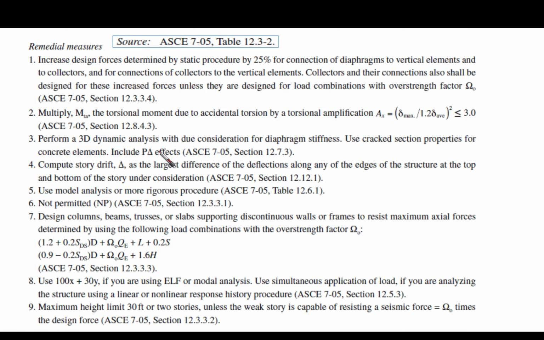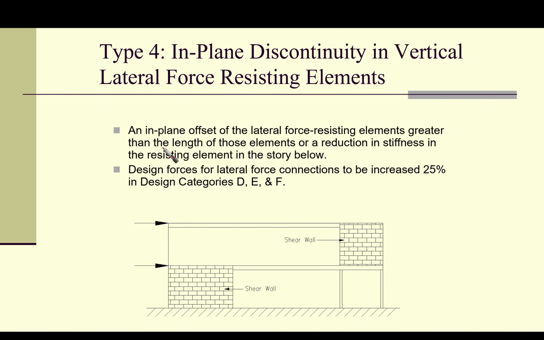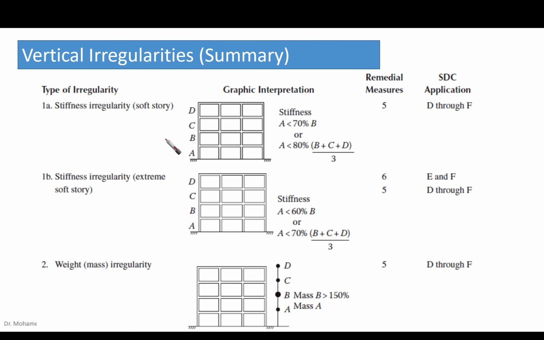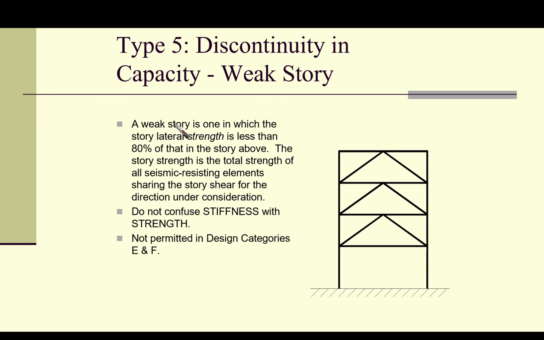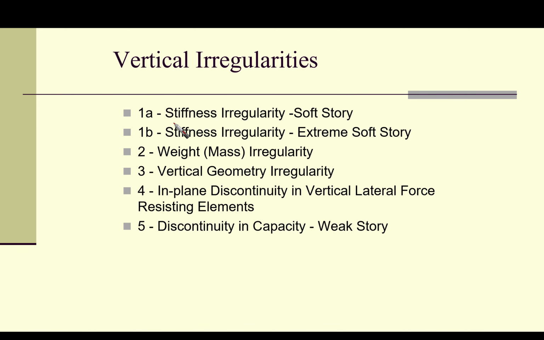If we look at the summary here, we are going to find that for 5 we also have 5A and 5B, which are weak story and extreme weak story. So I think that here we need to be a little bit more accurate.